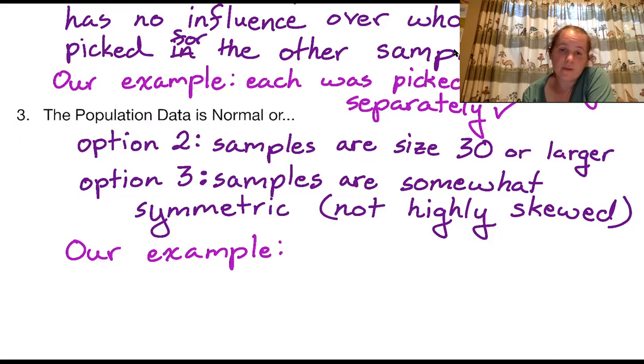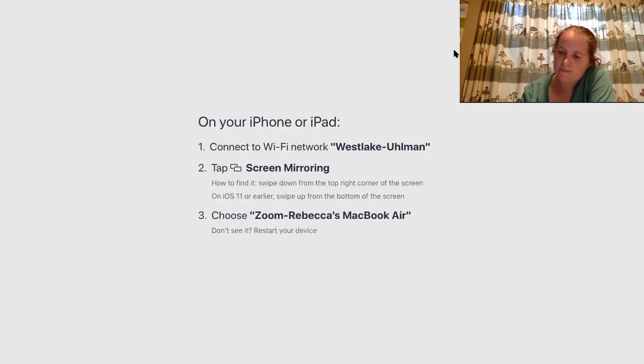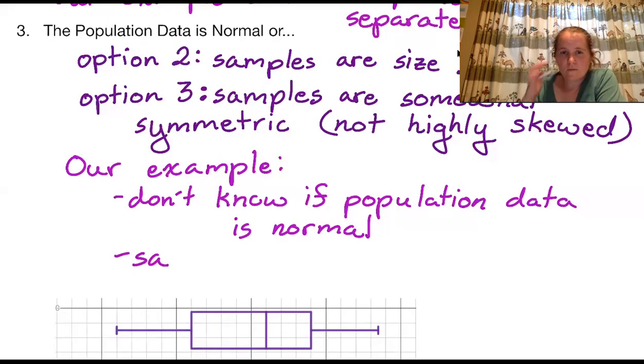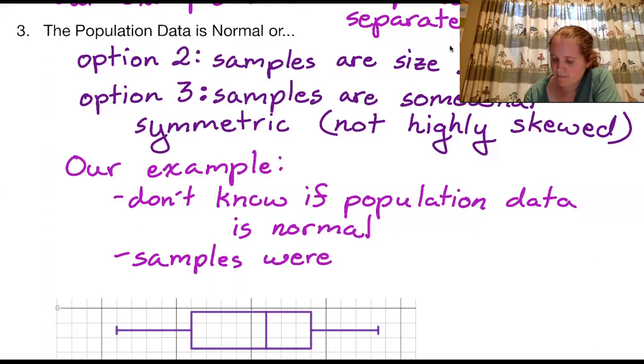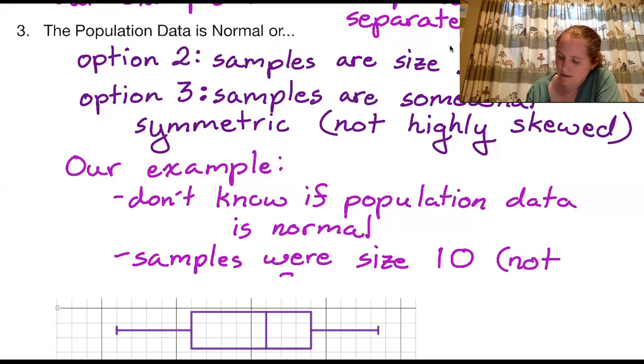We don't know, or the samples are not 30, right? So the samples were size 30. Oh, sorry, 10, size 10, not size 30. So not 30 or larger, which means we have to use option 3.